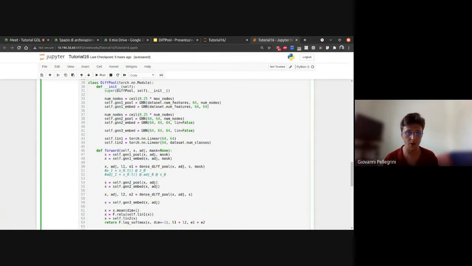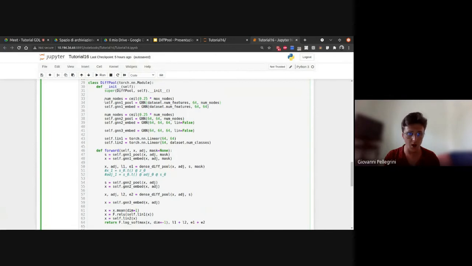Here we initialize this class by performing, as we have decided, three hierarchical steps. For each hierarchical step, we define a pool GNN and an embed GNN, with the corresponding dimensions for the inner layers, so the input, inner, and output dimensions.